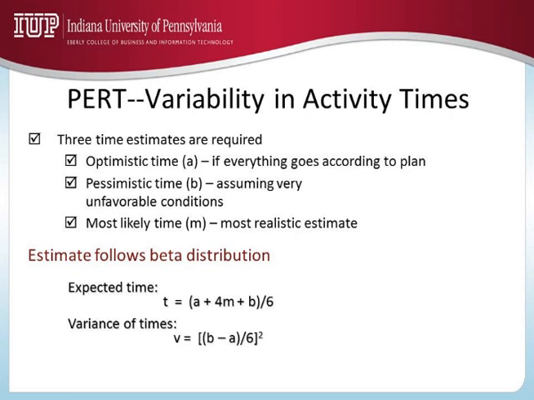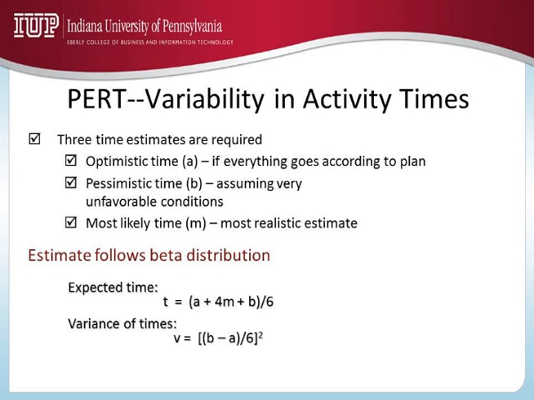Keep in mind, this is not a symmetric distribution, which means that M need not be in the middle of A and B. So given these 3 estimates, you calculate expected time, or the mean, as A plus 4 times the most likely time plus pessimistic time, everything divided by 6.